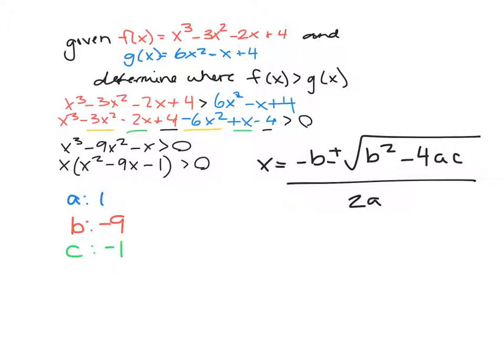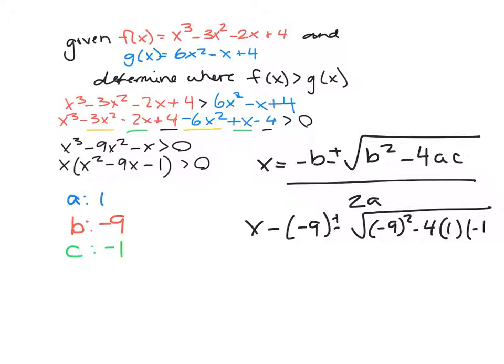Now we're going to go ahead and sub all of that in. X is equal to negative 9 plus or minus the square root of negative 9 squared minus 4 times 1 times negative 1, all over 2 times 1.